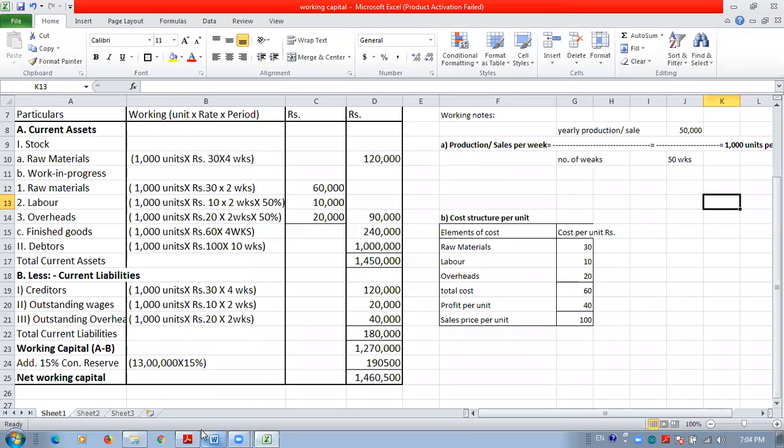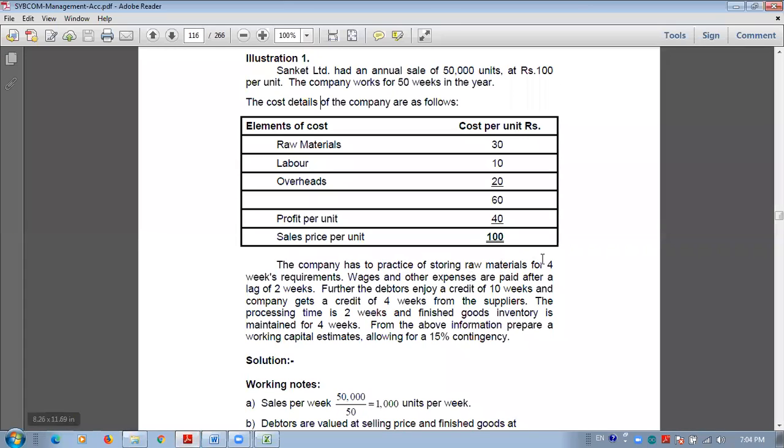Next they have given us, see, wages and other expenses are paid after a lag of 2 weeks, right? After lag means a gap in payment.